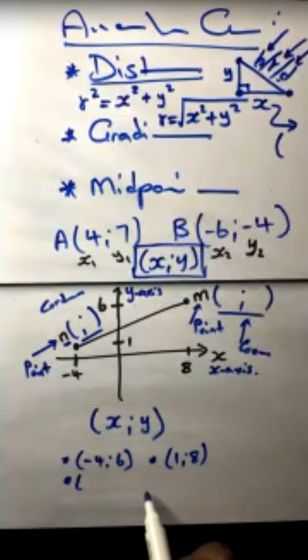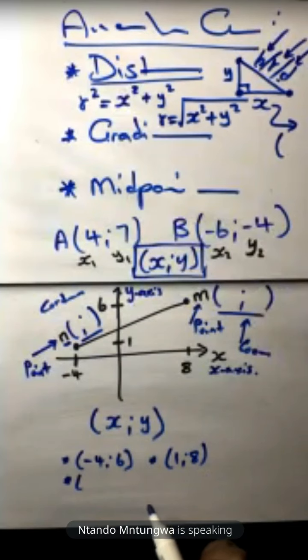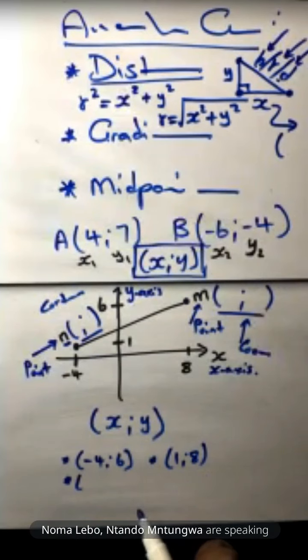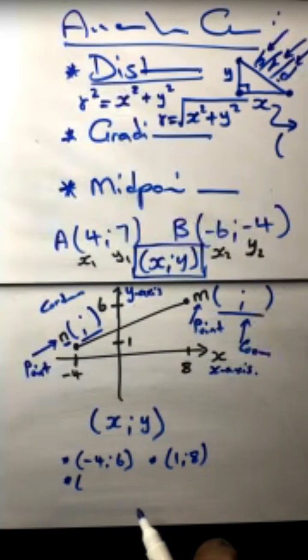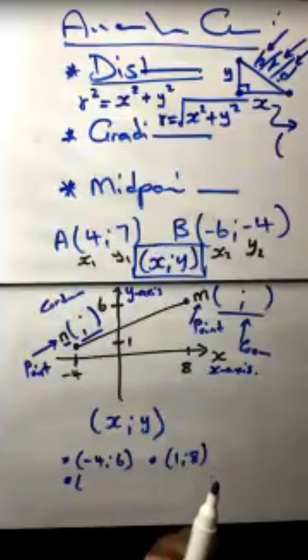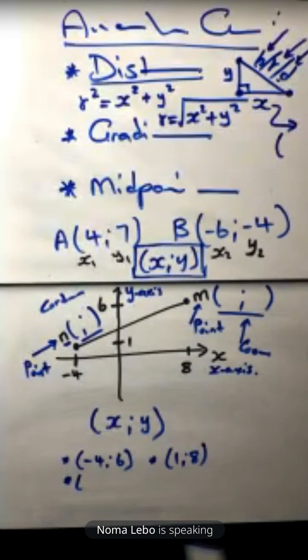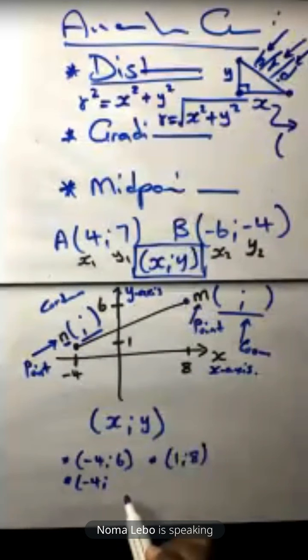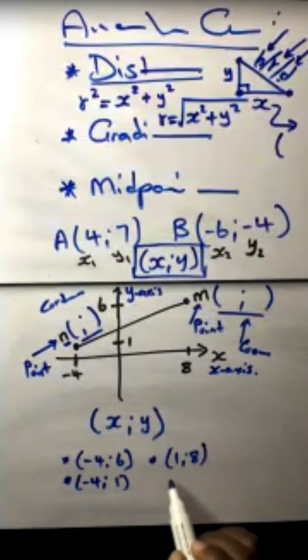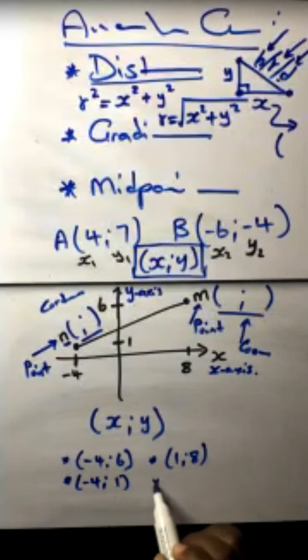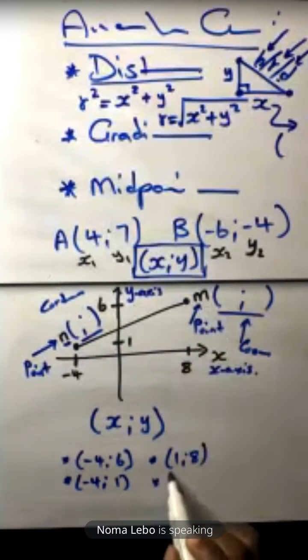Another one to give it a try for N. A lady, go for it. Say for N it's -4 and +1. Mm-hmm. For M it's 8. Mm-hmm.